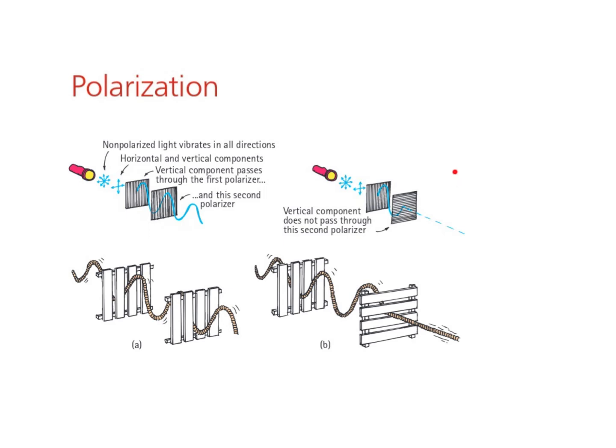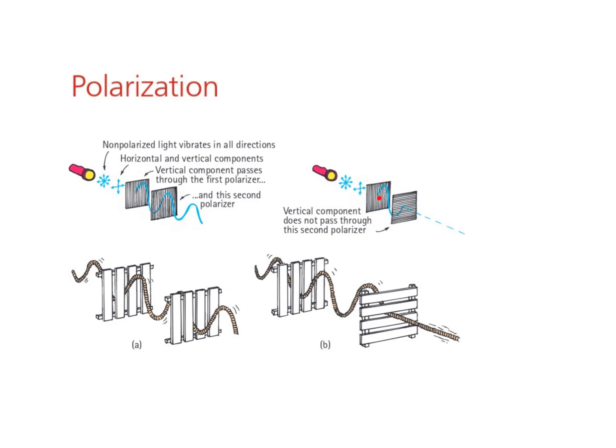Now, here is a different scenario, and you can see the lines are representing the directions that this guy will let light vibrate. Here I've got a vertical orientation, and here I've got a horizontal orientation. And here I've got unpolarized light coming from the flashlight, which I've represented as an up and down and a left and right.